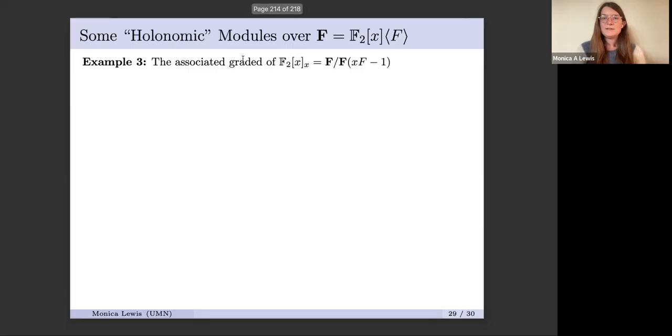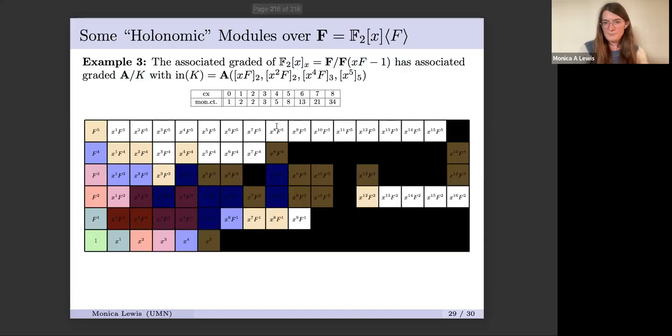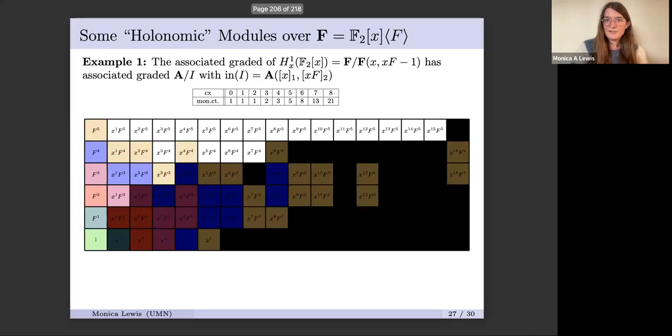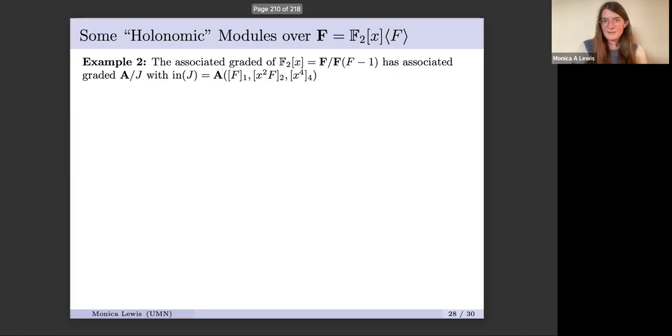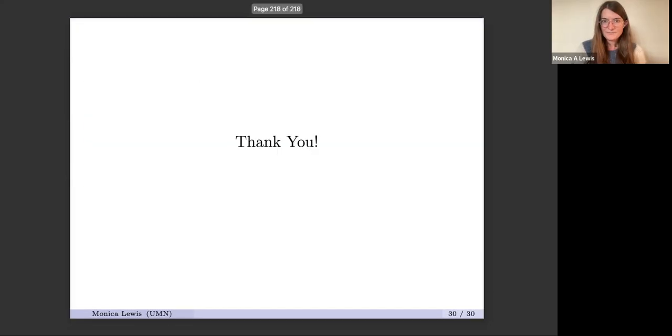And then the last one was the localization at X, which if you take its structure as an F module, form its associated graded with the Bernstein filtration, and then pass to its initial submodule, we ended up with this object. The free resolution looks like this, and the Hilbert series puts you inside of the minimal dimension class. So all of these three modules that we would want to call holonomic, local cohomology, the ring itself, localization at one element, end up in our minimal dimension class.